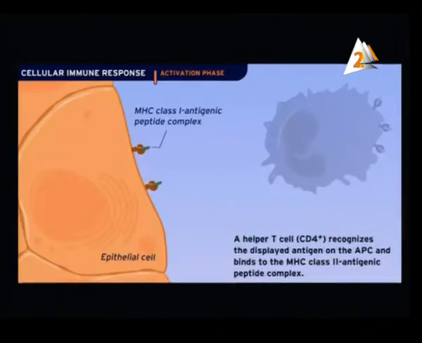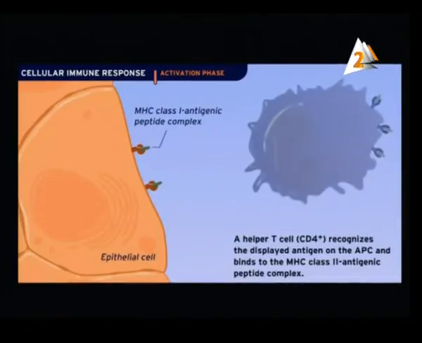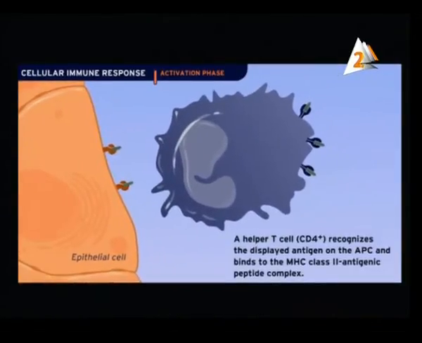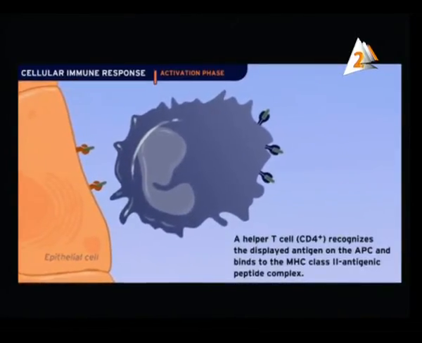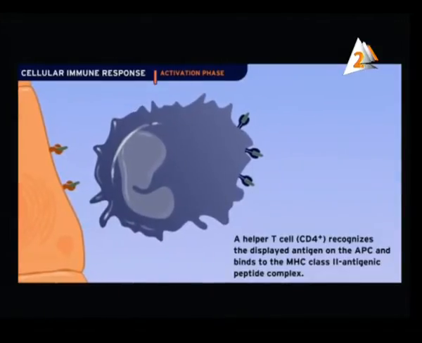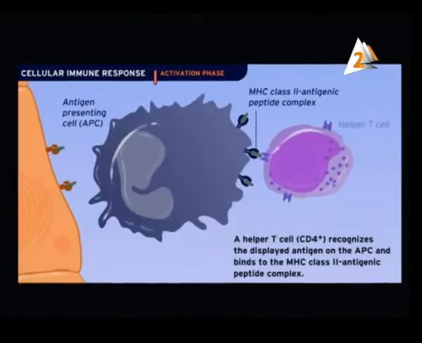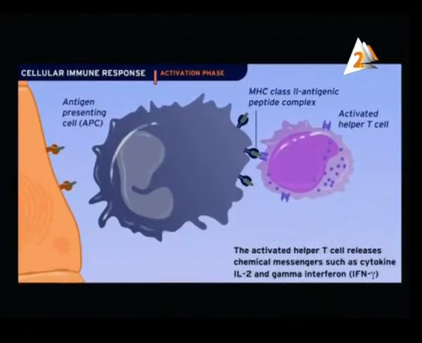This binding will activate the Th cells. Each T cell can produce during its maturation a specific type of receptors on its membrane. Each of these receptors can bind to a single type of antigen.